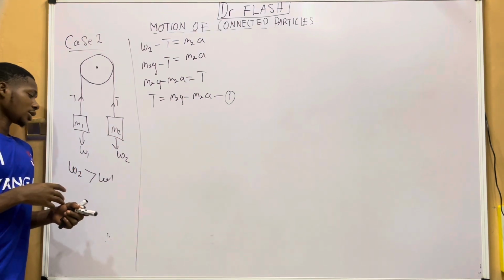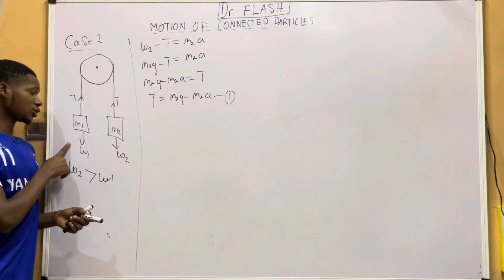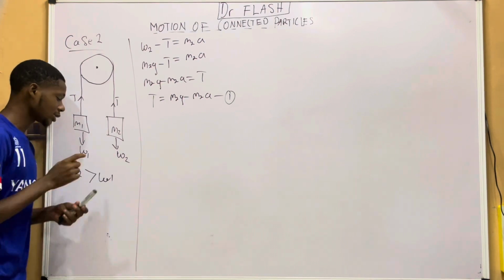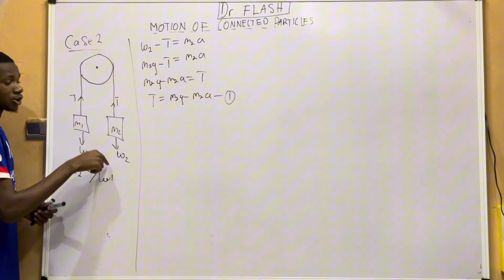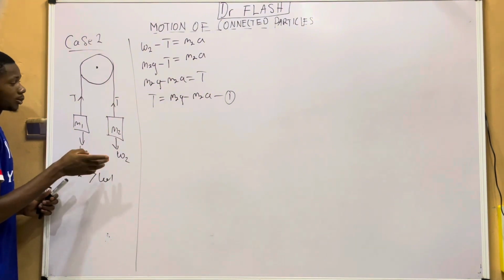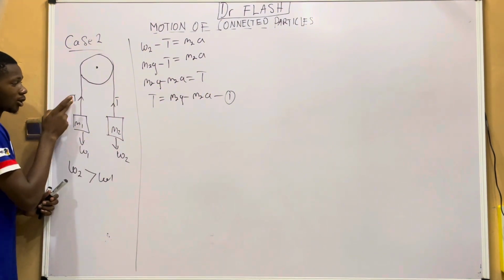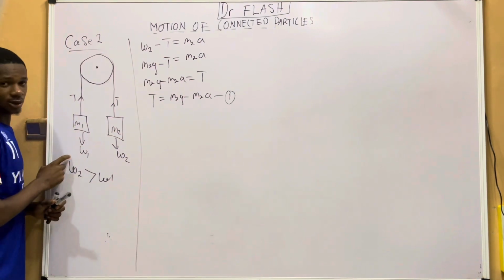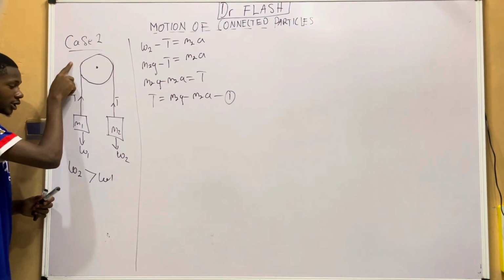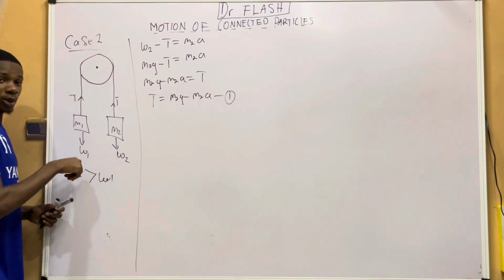Then for the other particle, which is M1, we're going to do the same thing. In this case, M1 is going up and M2 is coming down. So we're doing the same thing, but in this case, we're going to be subtracting W1 from T. Why? Because T is assumed to be greater than W1, because T is pulling M1 upward, even when W1 is going down.